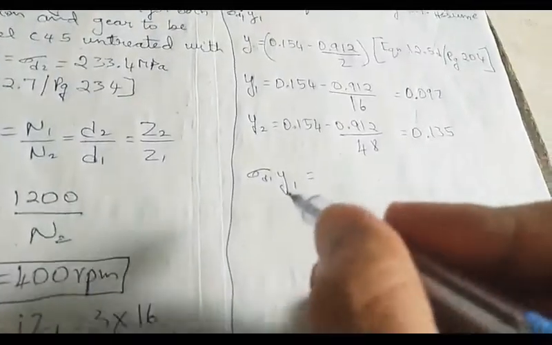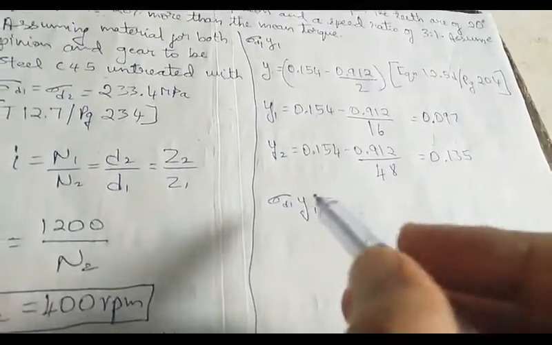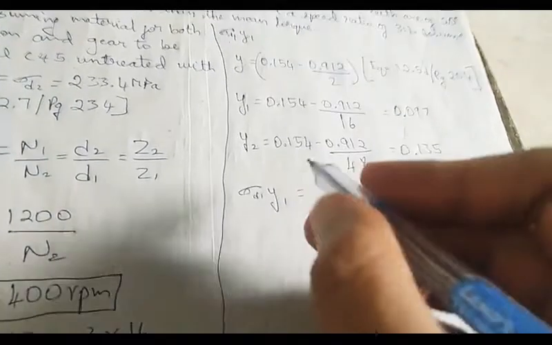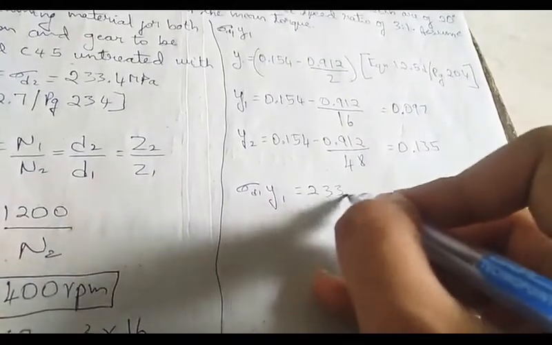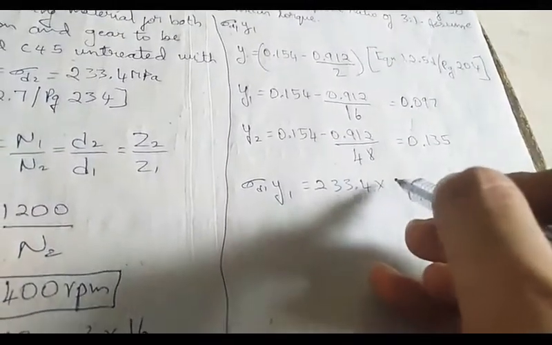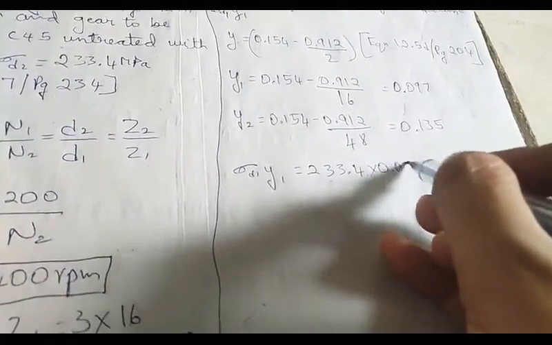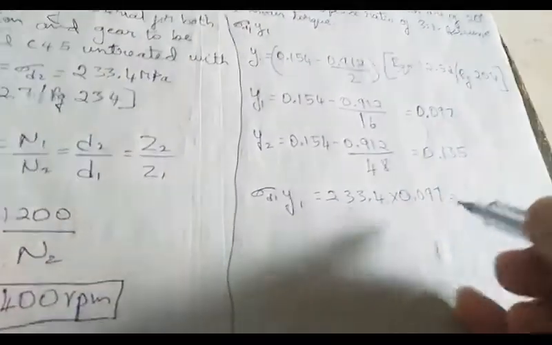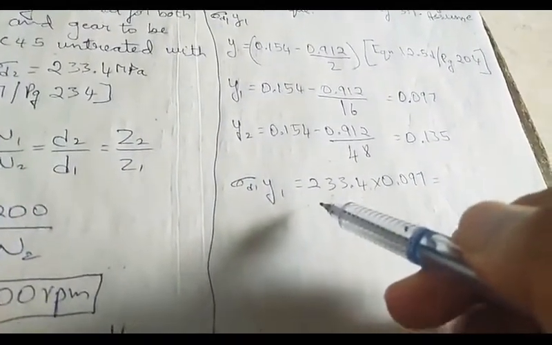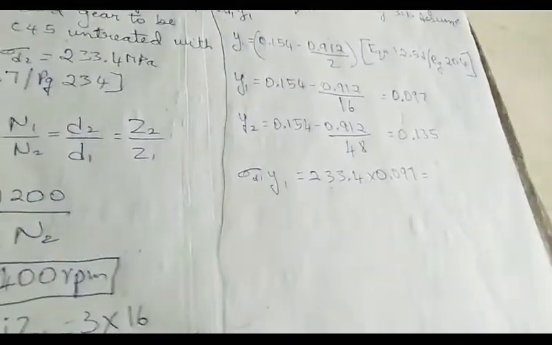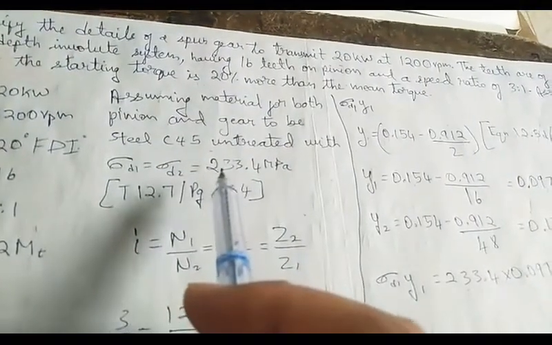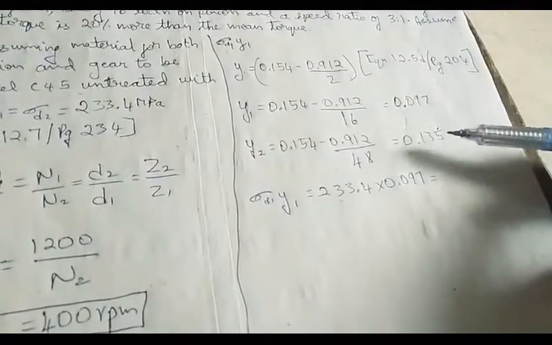Now finding the weaker member by multiplying the allowable stresses with the Lewis form factor y. Since the value of allowable stress is the same for both pinion and gear, the design will be based on the form factor which is less.